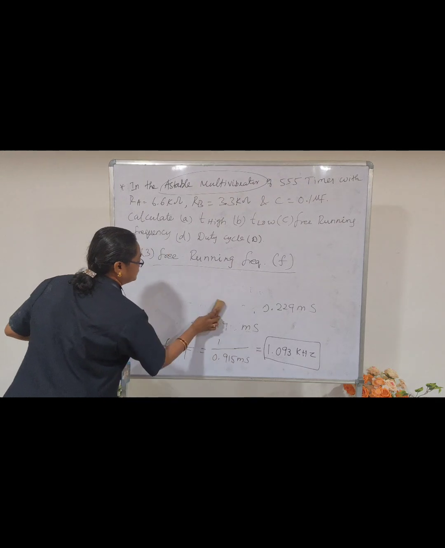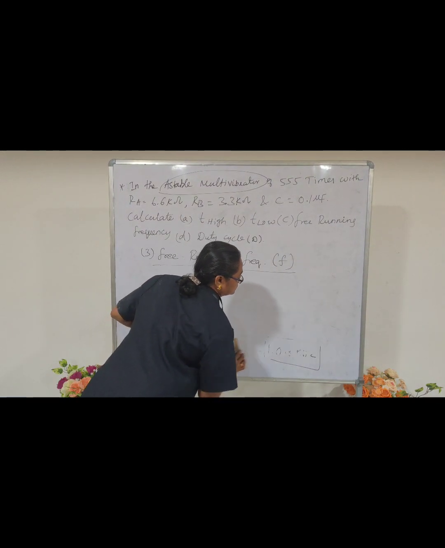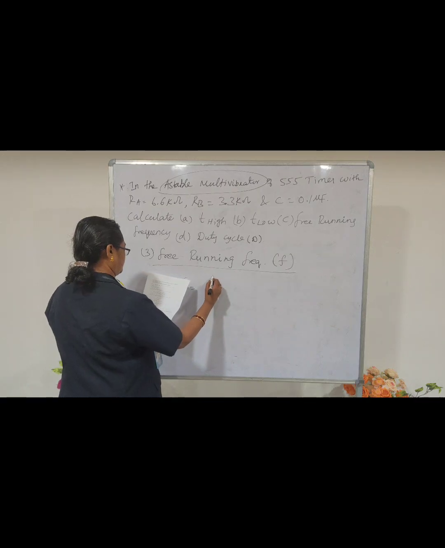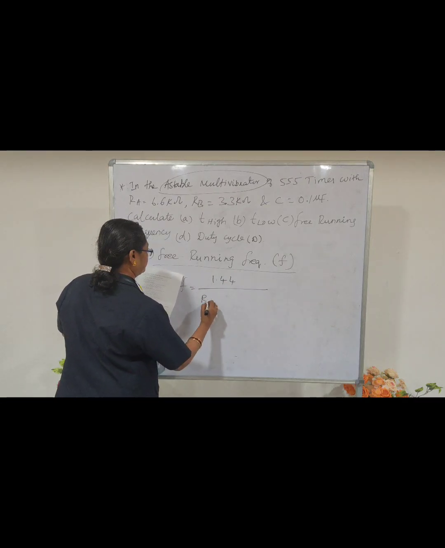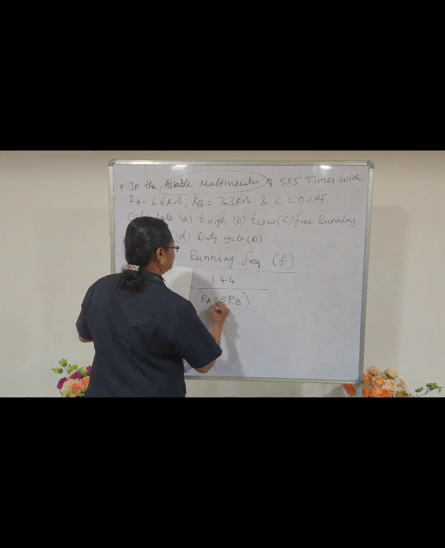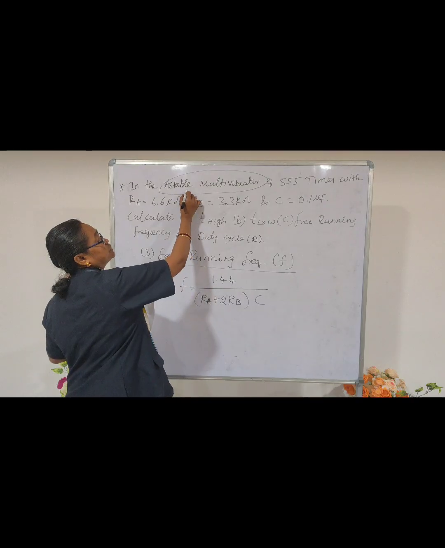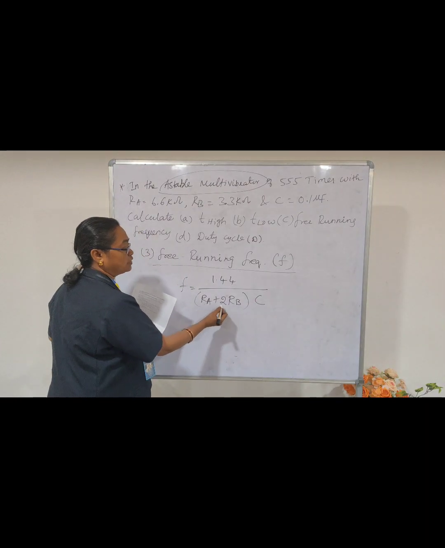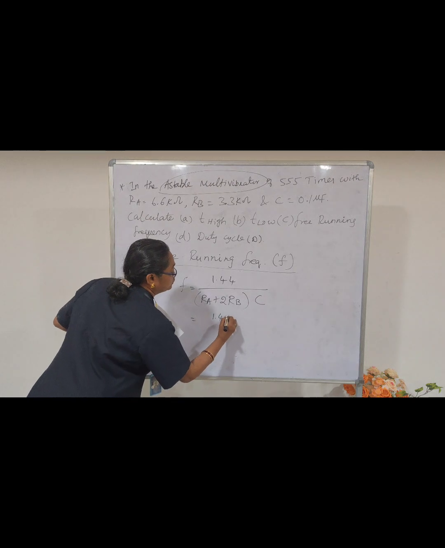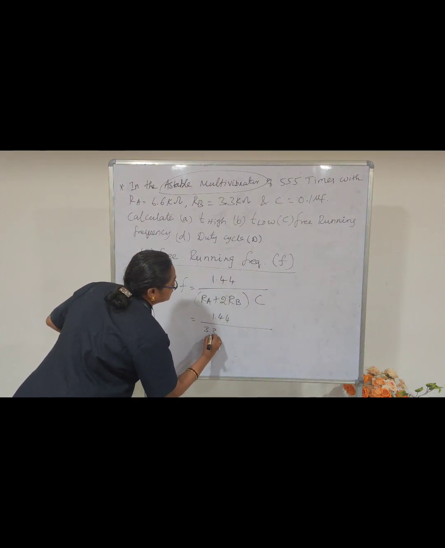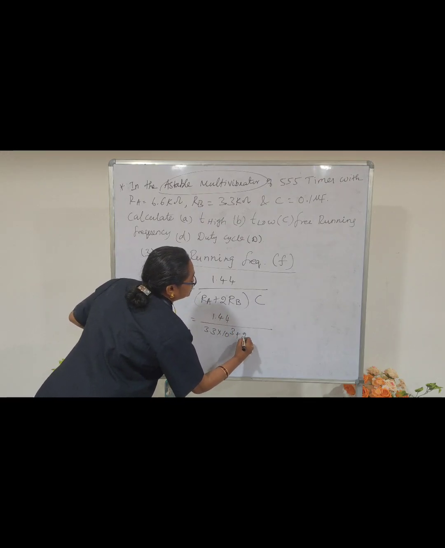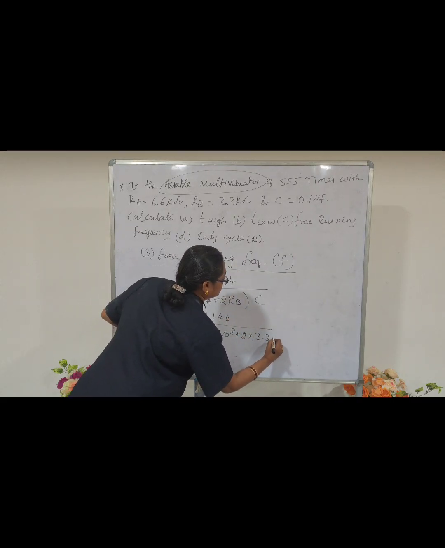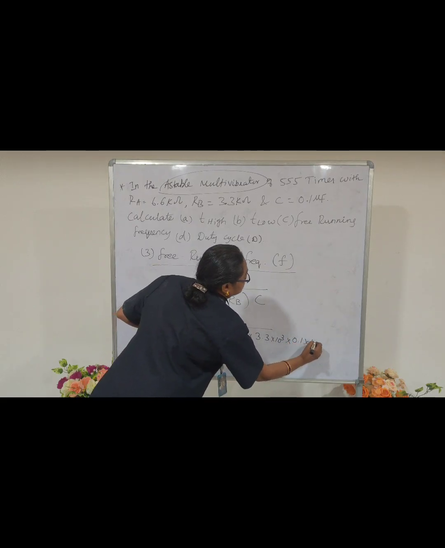Or, since they are given an astable multivibrator, directly you can use this formula also for free running frequency. You can use F equal to 1.44 divided by RA plus 2 RB into C. Using this also you can find this one, because you know the astable multivibrator frequency value is 1.44 divided by RA plus 2 RB into C. Now you know the values RA, RB and C, just substitute here. 1.44 divided by RA value 6.6 into 10 power 3 plus 2 into RB value 3.3 into 10 power 3, into C value 0.1 into 10 power minus 6.